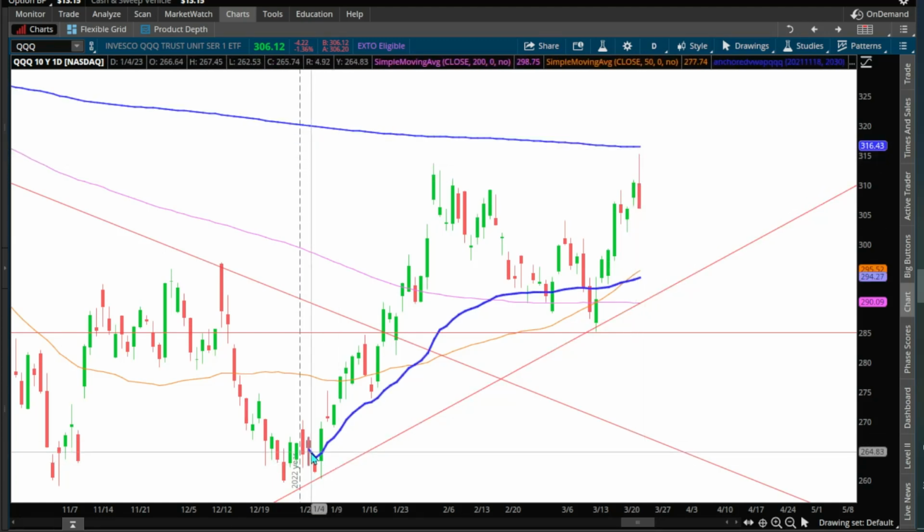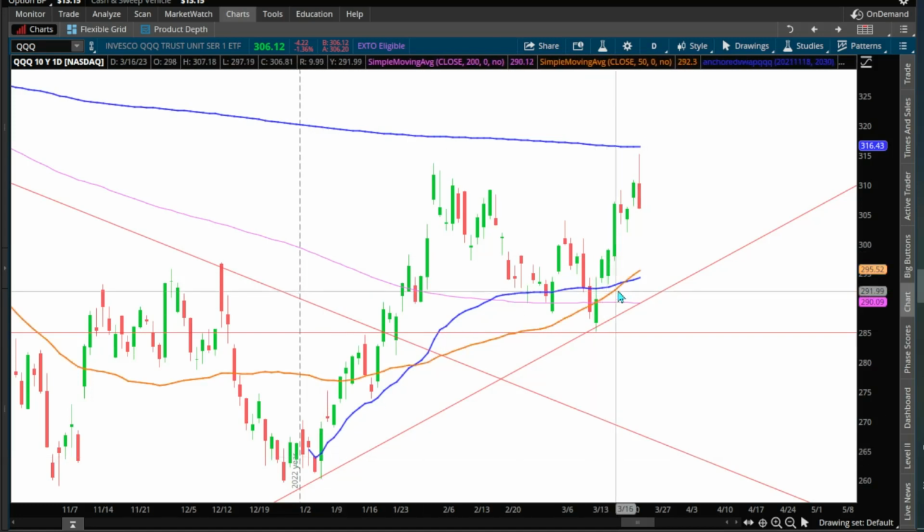Now, this bottom anchored VWAP is right around the 50-day moving average, which happens right around 295.52. So we could end up being in the sandwich right between 316.43 and 295.52. Keep in mind, we do have the 200-day moving average right below that at 290.